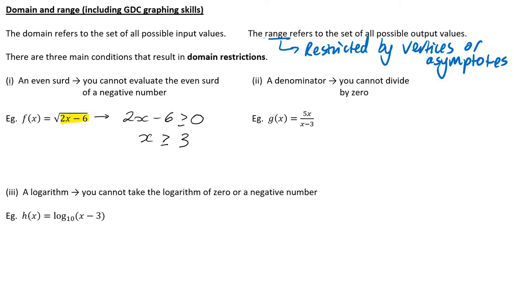In terms of range restriction, that's going to have an impact on the range. The range of this function, if x can only be 3 or above, then y has to be greater than or equal to 0.